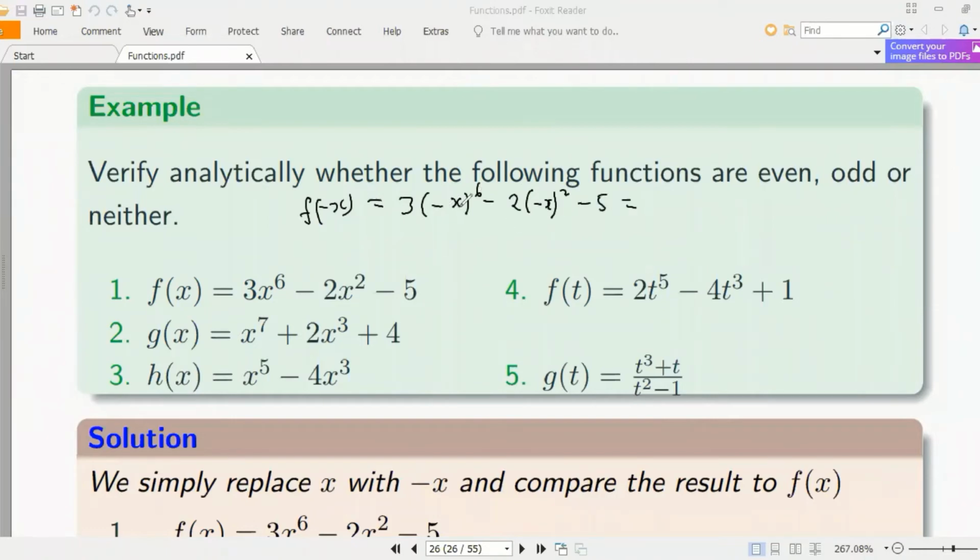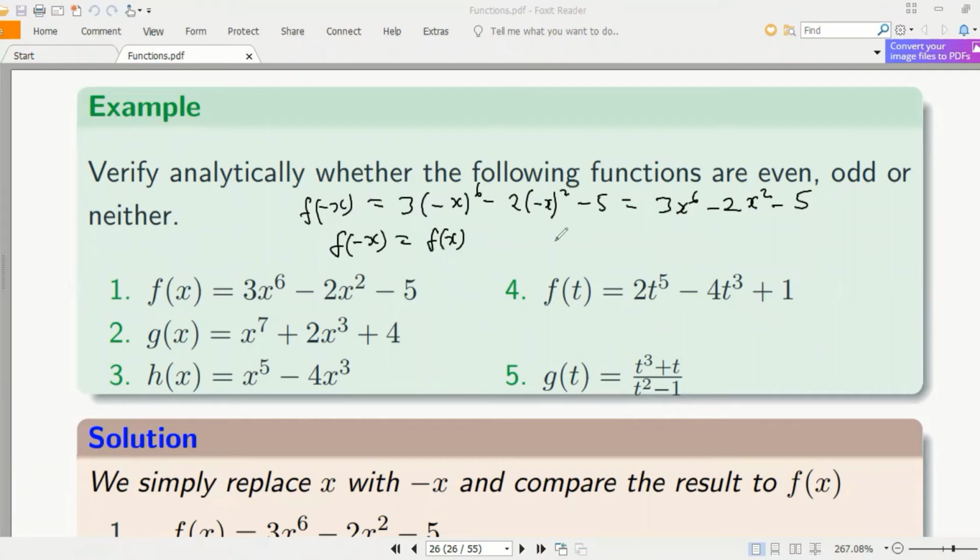So what does this give us? Negative x raised to 6 will be x raised to 6. And this will be negative 2 x raised to 2. Then negative 5. So what I'm seeing is that f of negative x is of course the same as f of x.